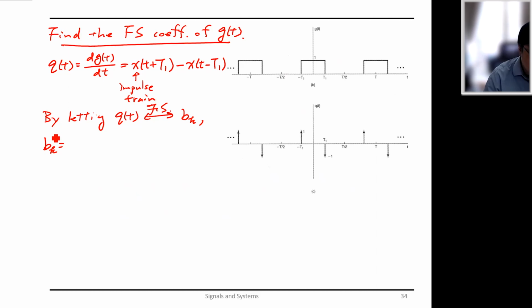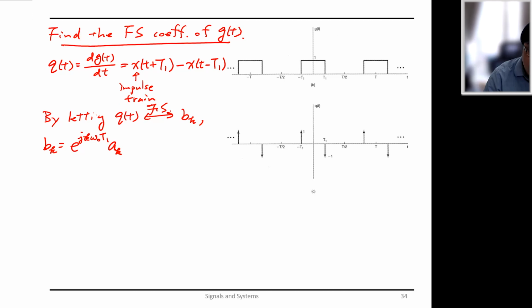So this bk should be e to the j k omega naught t1 because of this time shift, times ak, which is the Fourier series coefficient of this impulse train.